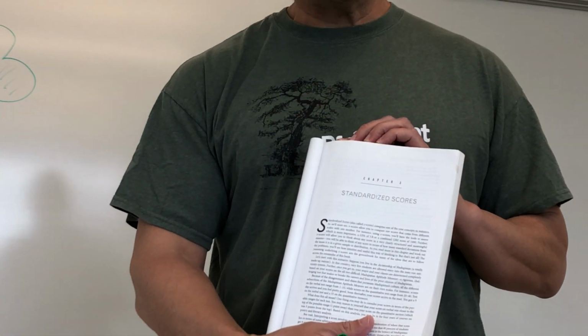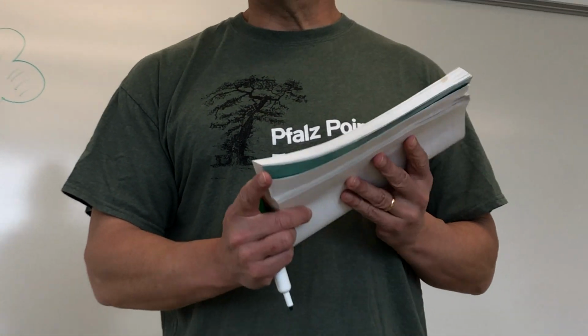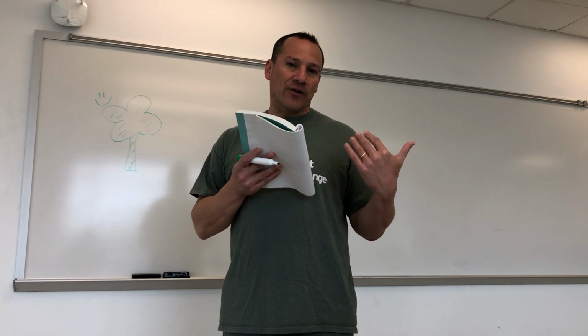Anyways, here we go, kids. We are going to go into chapter 3. And I know I say this about a lot of the chapters in this book, but I swear this might be my favorite chapter. Standardized scores. I will tell you that this course is incredibly cumulative. Everything builds on everything else. And so one of the last things we learned about was variability, standard deviation, and the mean.